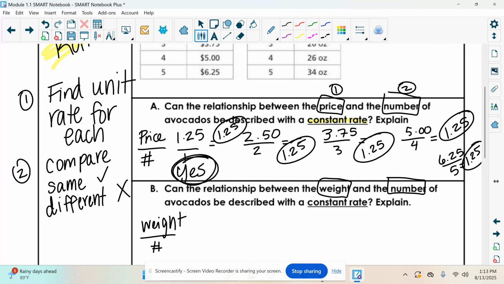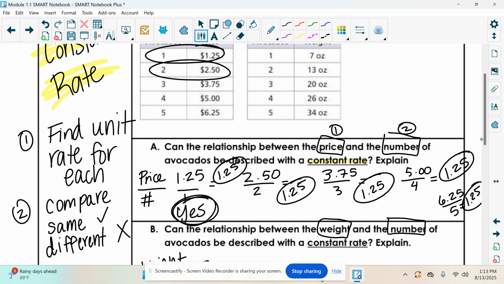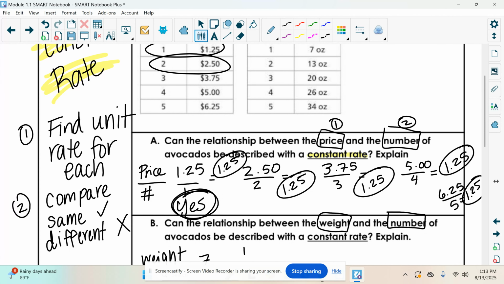All right, Lane, for the first one, do 7 over 1. Jeremiah, do 13 over 2. Jaden, do 20 over 3. Jacob, do 26 over 4.